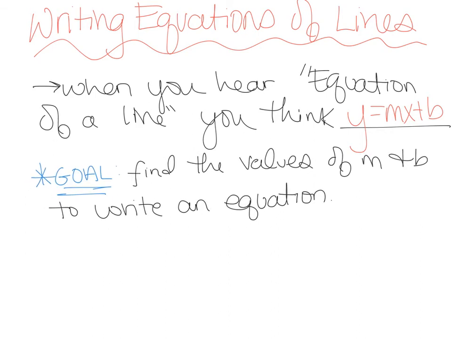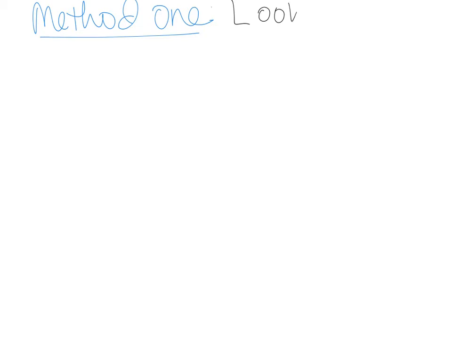Let's go to the next page. Okay, so we have method number 1. Method 1 is when we are looking at a picture. Your homework last night was when you had to take a graph and you had to write an equation of a line.